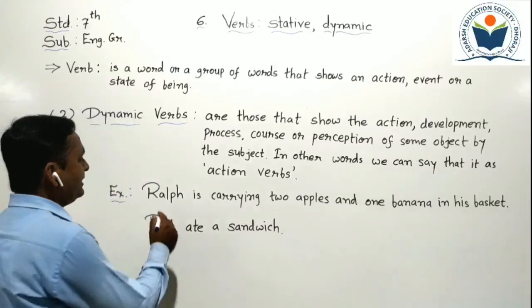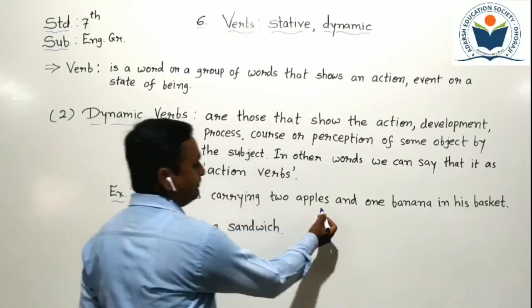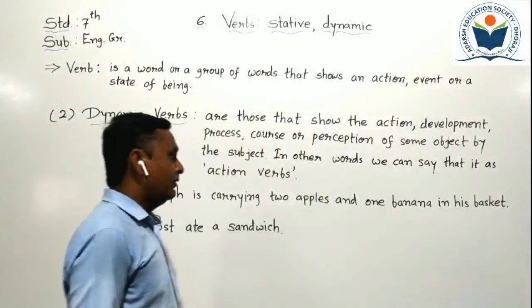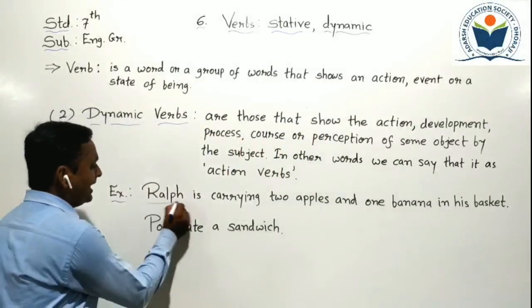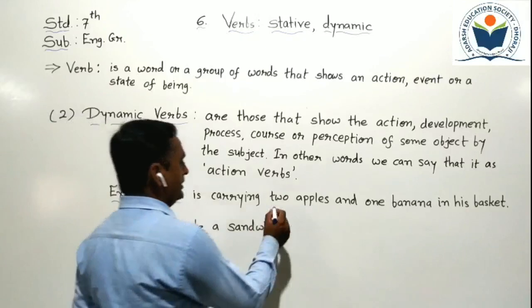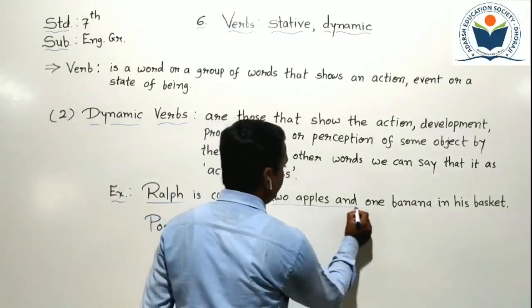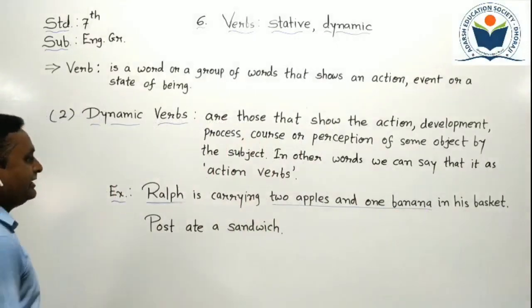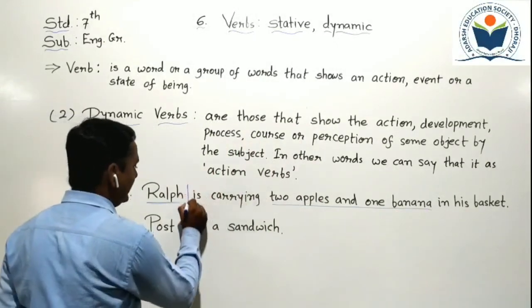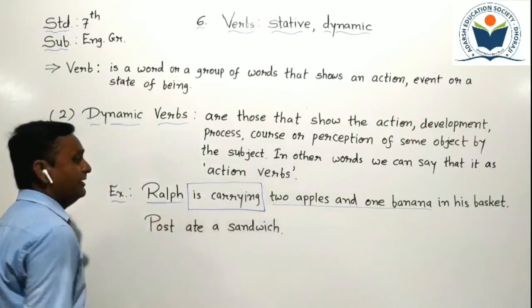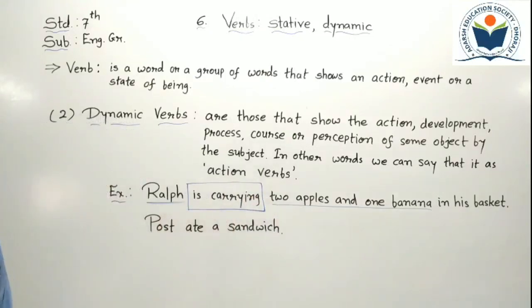See, Ralph is carrying 2 apples and 1 banana in his basket. Here the subject is Ralph, and the object is 2 apples and 1 banana. But between them, "is carrying" is a verb.